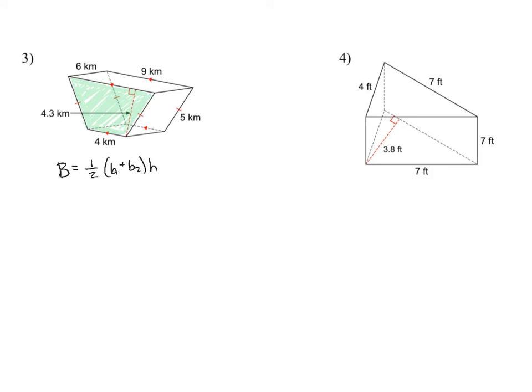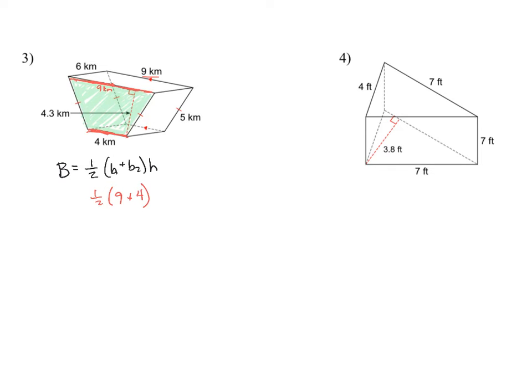So on my trapezoid, the bases would be, again, because bases are parallel to each other, that piece and that piece. So that looks like a 9, because whatever that is, this guy's the same one. So a 9 and a 4.